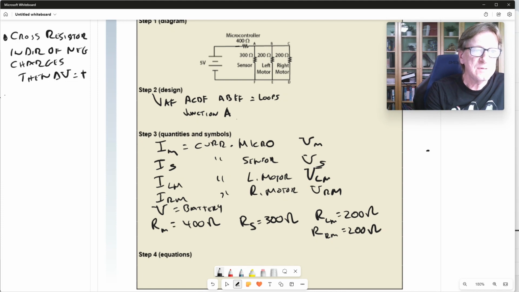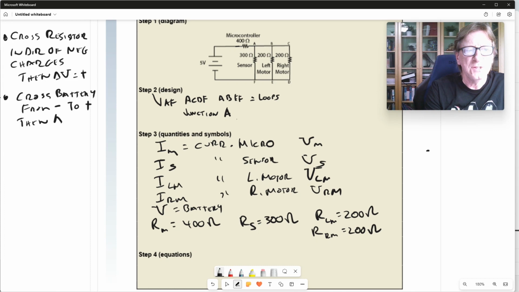And then the second sign convention rule is that if I cross the battery from negative to positive, then the change in potential is positive. So those are the rules that we're going to use.